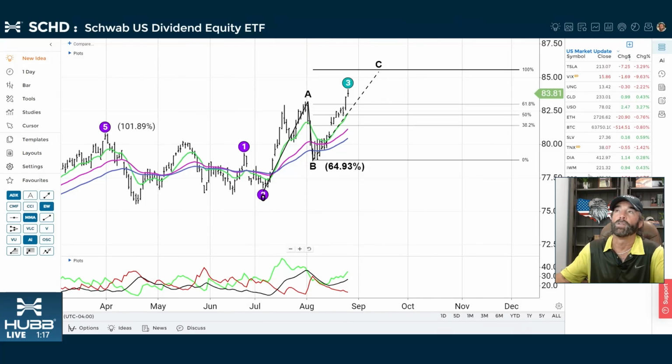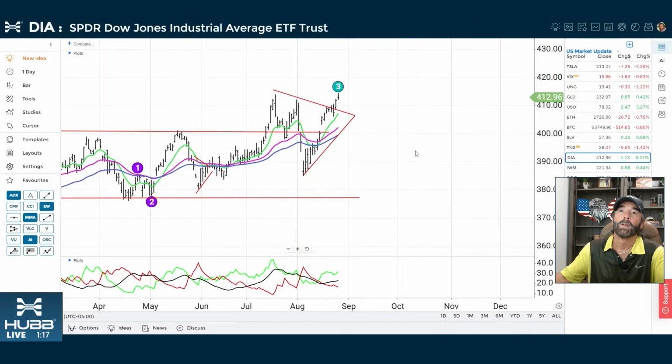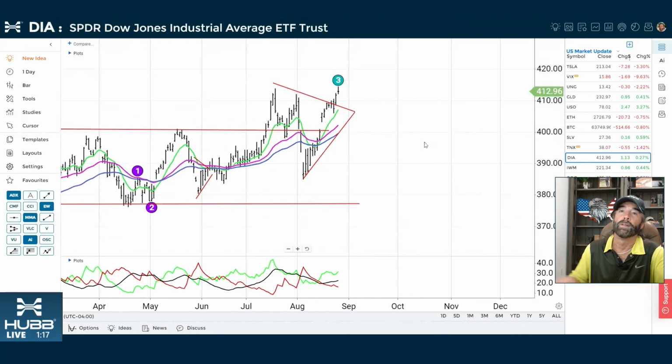And if you didn't see the EWO Trader Live, I want to show you the chart of the Dow, which is breaking out. A lot of stocks within the Dow pay dividends, and we're getting a nice little breakout of this triangle in the Dow.